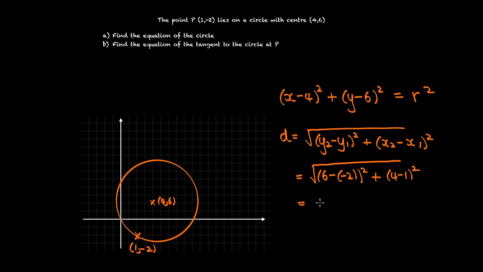And so that's the square root of 8 squared, so 64, plus 3 squared, so plus 9, which is equal to the square root of 73. So r is root 73, and so r squared is 73. And so our equation becomes (x minus 4) squared plus (y minus 6) squared is equal to 73.